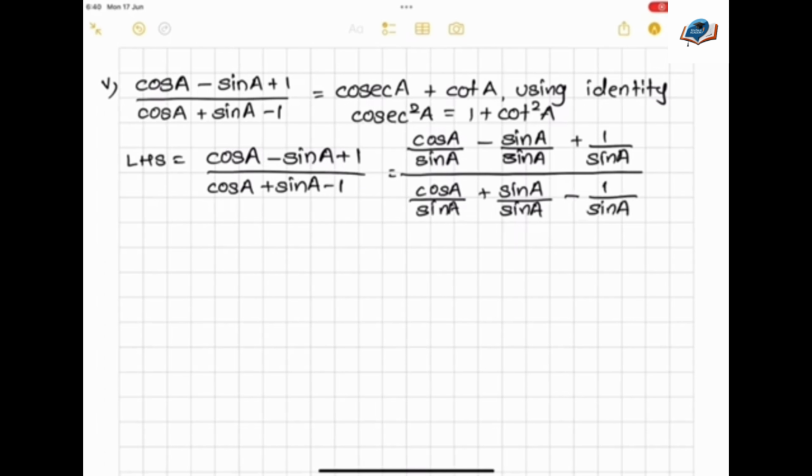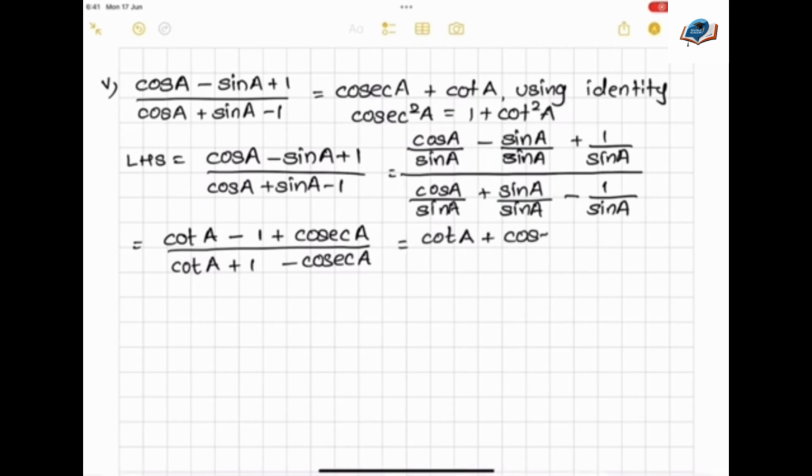So that will be equal to cot A minus 1 plus cosec A, whole upon cot A plus 1 minus cosec A. That is equal to cot A plus cosec A minus 1.